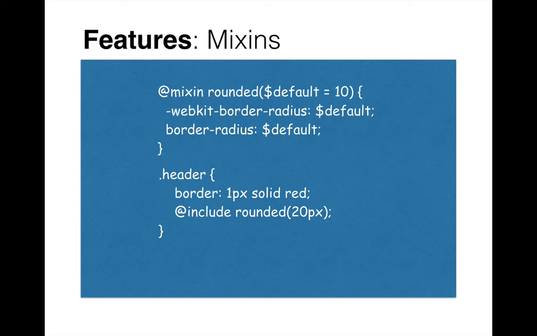So when Sass gets the mixin rounded, the default of 10 will be replaced by the 20 pixels, and I will get back a border radius of 20 pixels. The good thing about this is that I have to create this mixin just once, and I can use it everywhere in my Sass code.